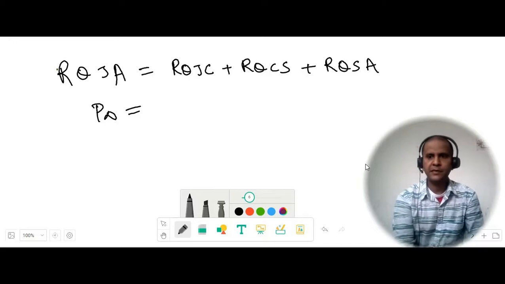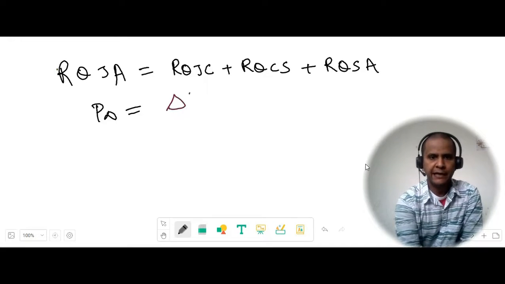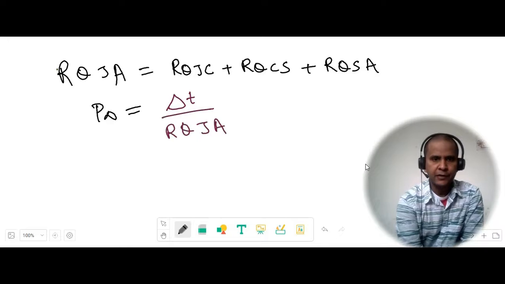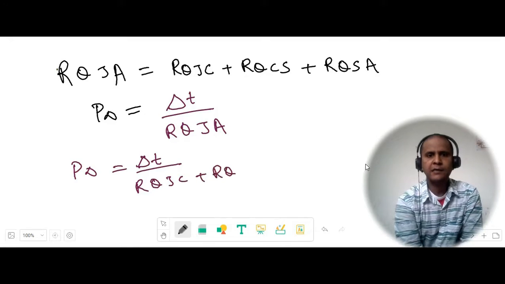Power dissipation, that is PD, is given by the temperature rise delta T divided by R theta JA. So you can write your PD as delta T divided by R theta JC plus R theta CS plus R theta SA.